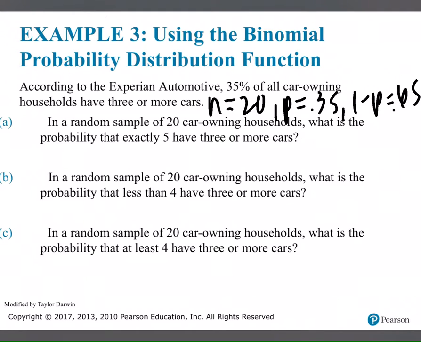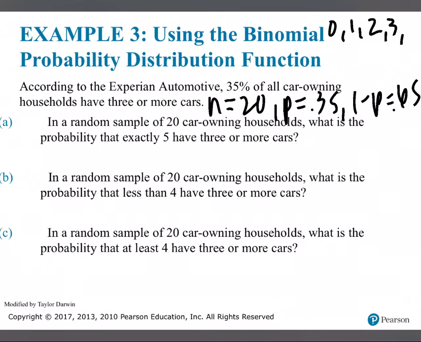So less than 4 includes 0, 1, 2, 3, 4. No, not 4. Less than 4 only includes 0, 1, 2, 3. Sorry. So we're basically going to have to do what we just did 4 times. It could be 0, or 1, or 2, or 3. Remember, or in math means to add.